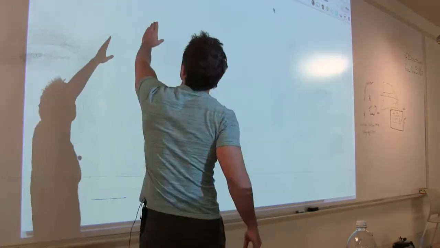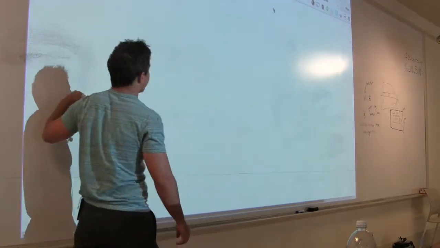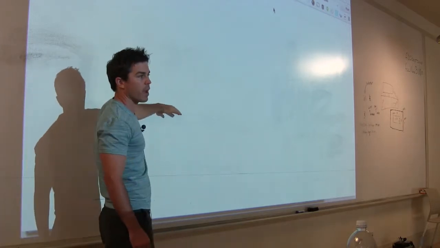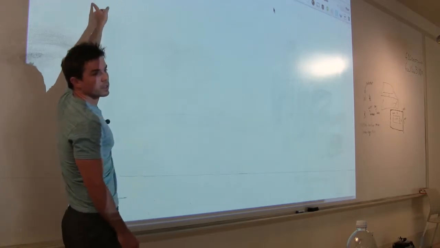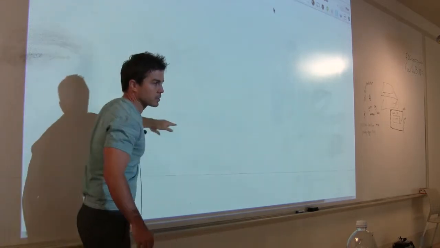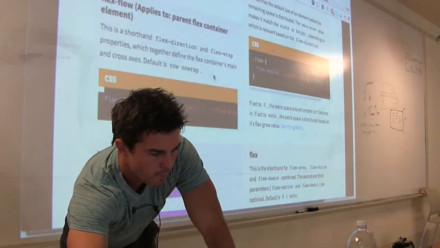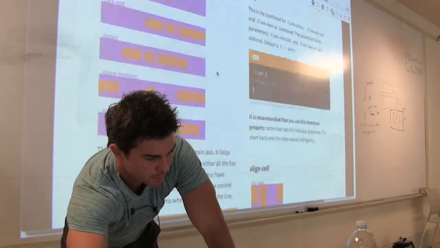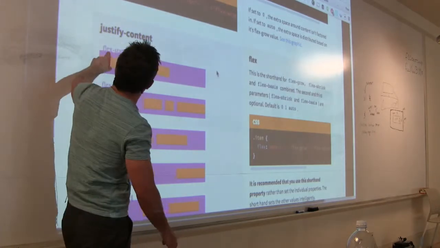It's a row, so the main axis is left to right. Justify content controls the main axis, and by default it's flex start.